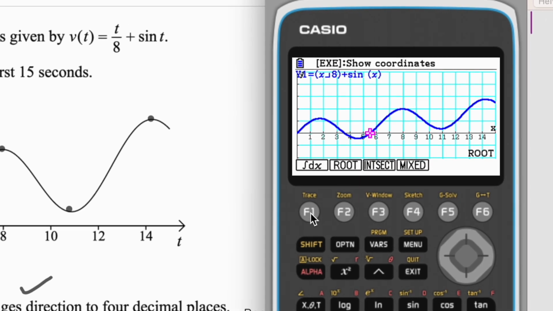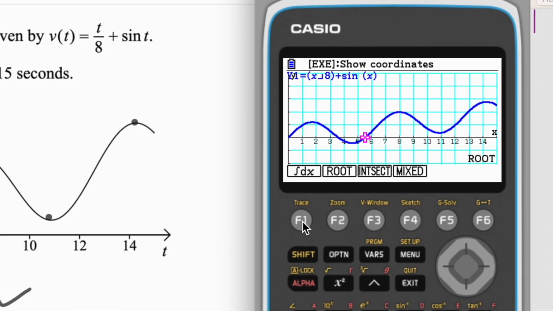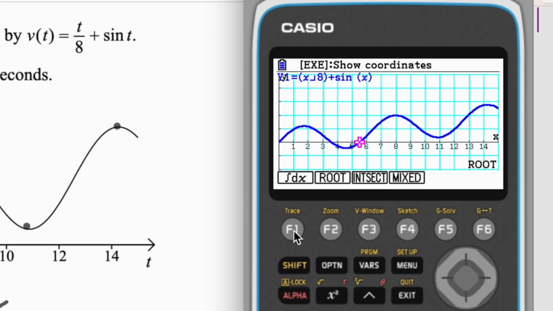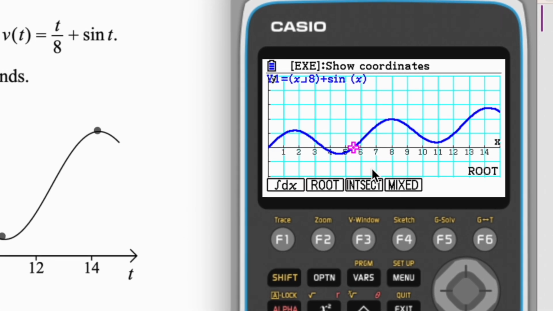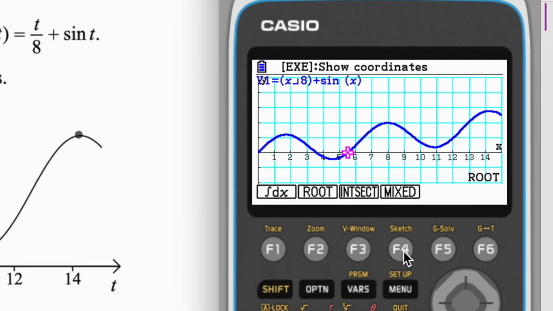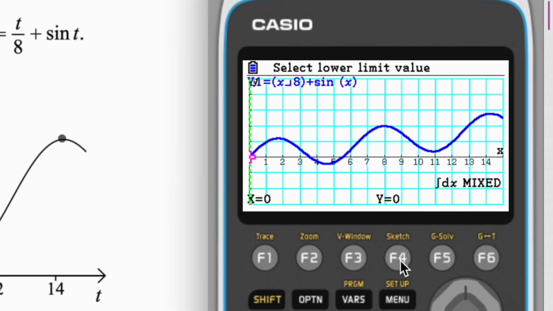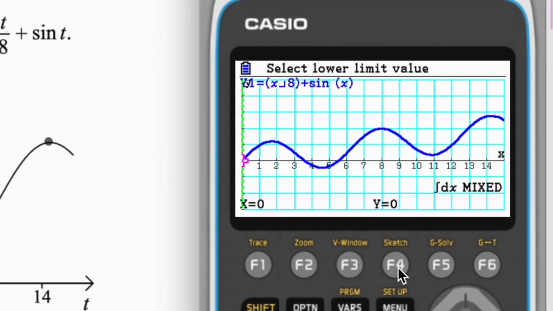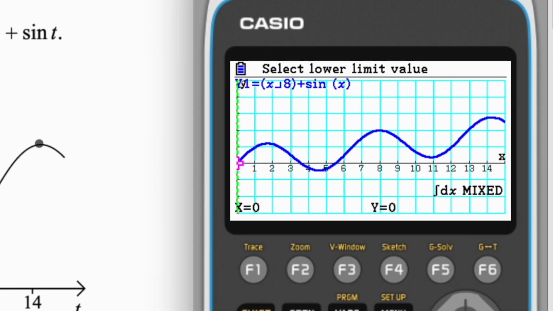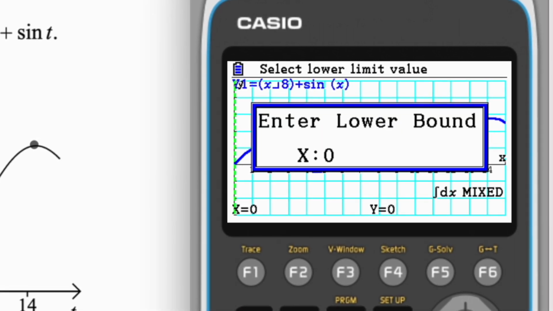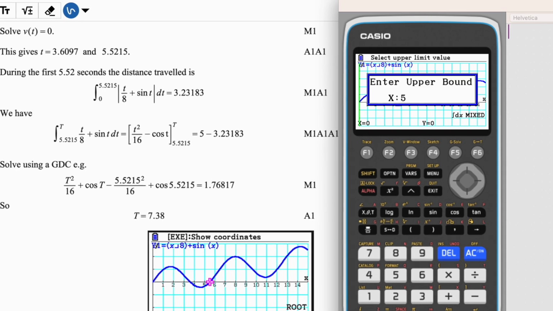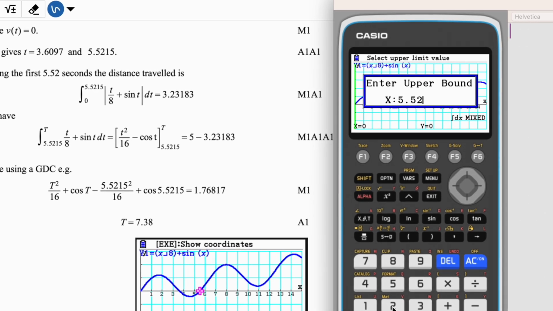So in order to solve this problem, there are two ways. Either you enter the absolute value function, or you can use this option as mixed. So click on F4, enter 0, that is the first value, right? So 0 is good, so I'm going to enter 0, and my upper limit 5.52.